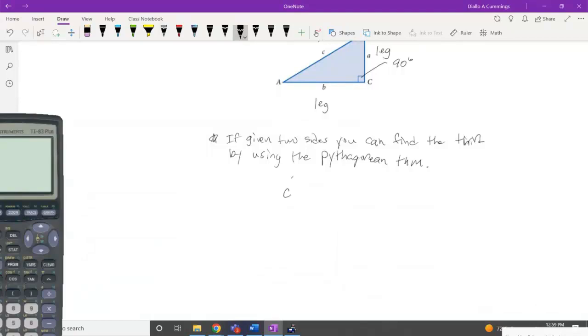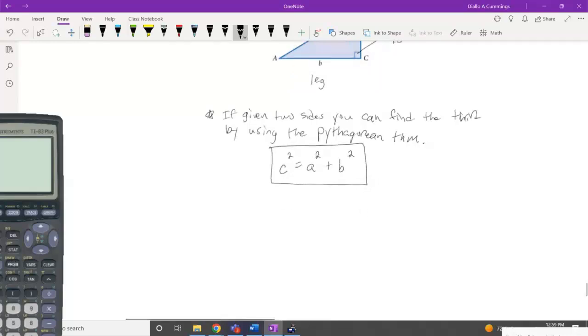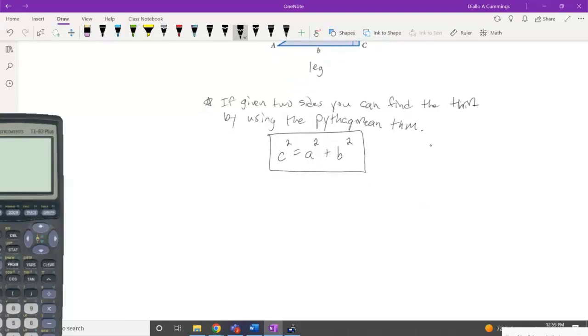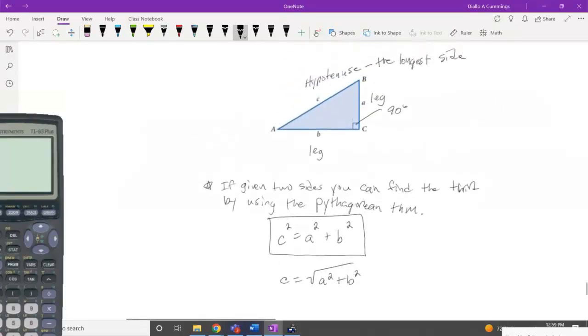The Pythagorean theorem is c squared is equal to a squared plus b squared. This is the main formula, and it breaks down into 3 other formulas. c is equal to the square root of a squared plus b squared. In our problems, we never find c squared, a squared, or b squared; the sides of our triangles are simply going to be a, b, and c.